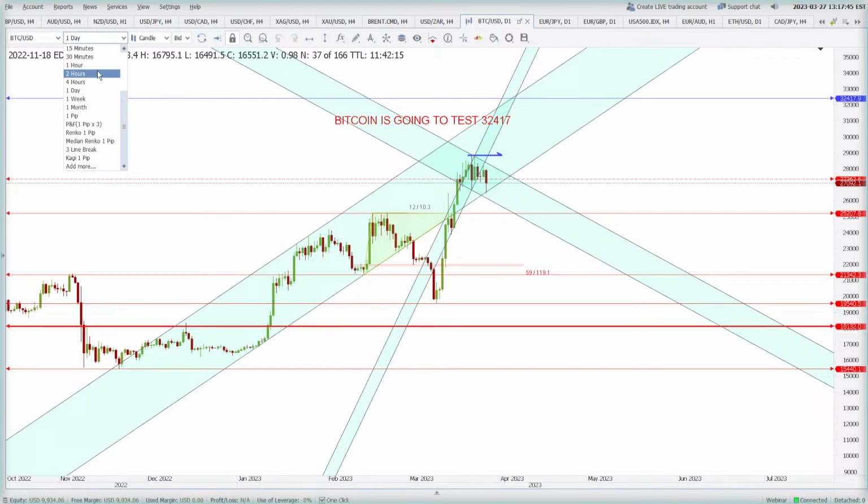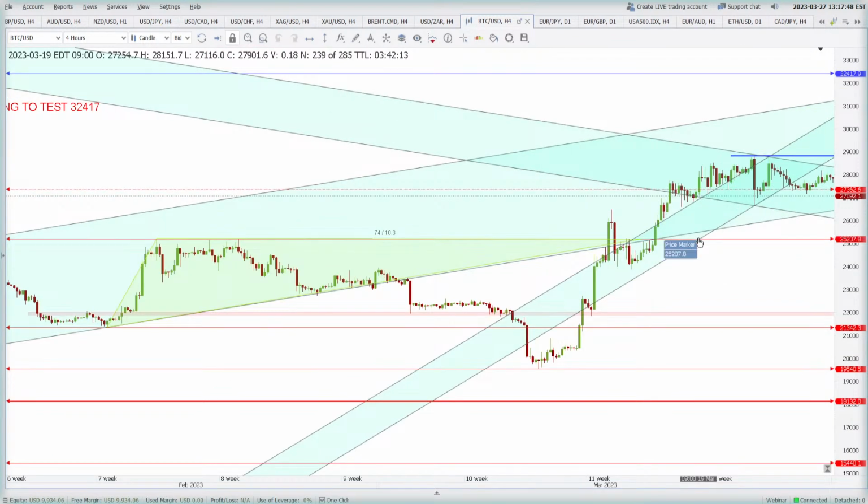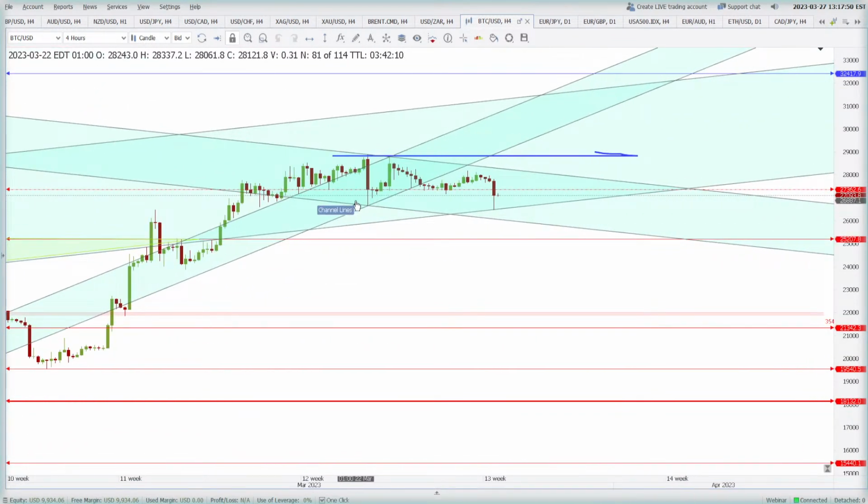But you see on the 4 hour, it has already started making lower highs and lower lows. At least from this, this was the highest high. After that, the price made a lower low and lower high, and again it has made a lower low. So the price may even come to this channel low and then make another high and then low.